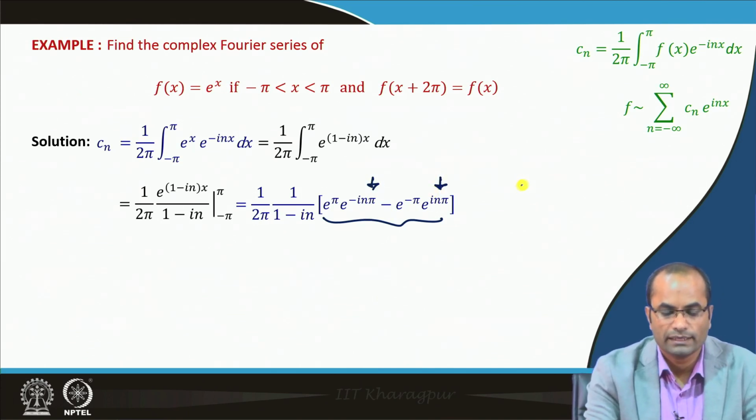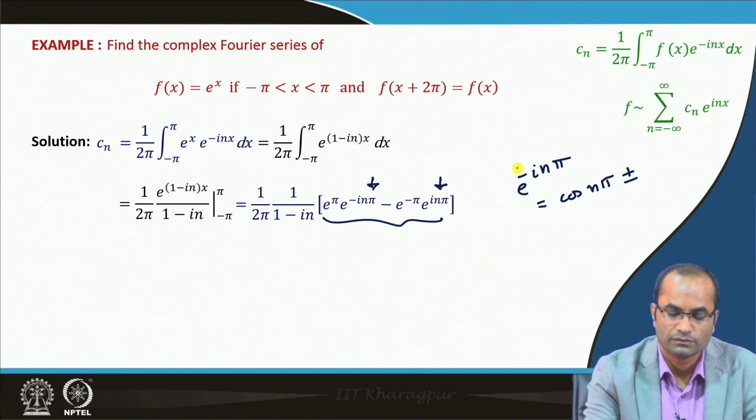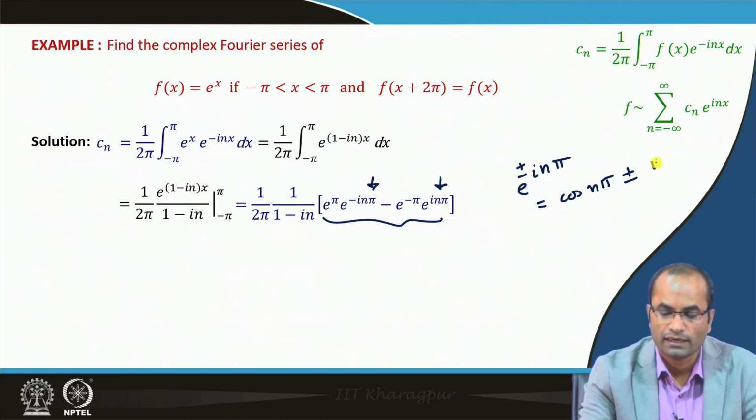So, e^(inx), plus or minus, we will see in both the cases is i n pi. This is cos n pi plus or minus i sin n pi.